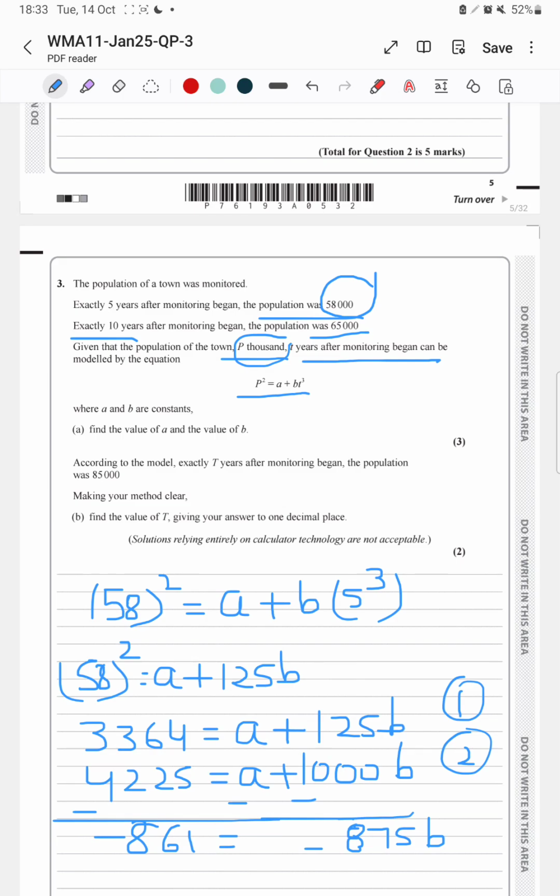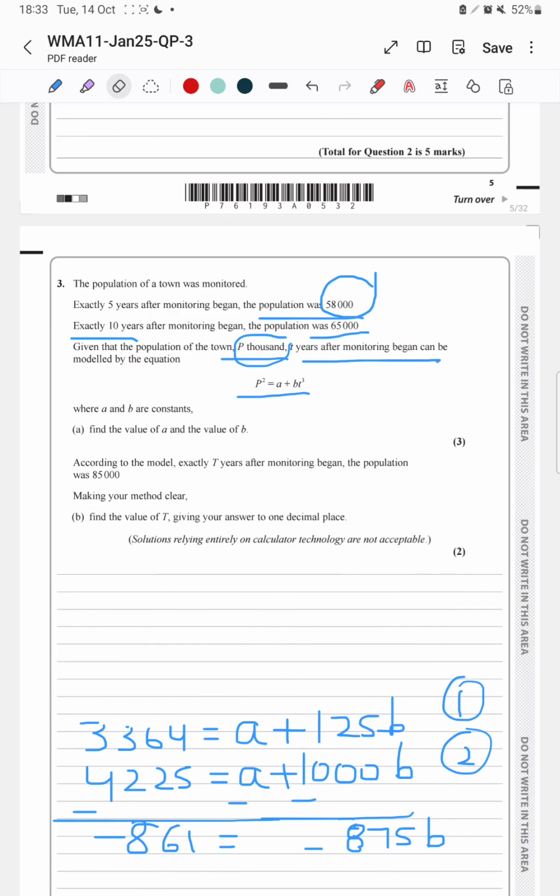So from here what I need to do, we have to find out what is A and what is B. So we need to subtract these two values, that I am going to do now. So we have B is equal to, because this is negative, they will cancel out, 861 over 875. So it is very clear that the value is going to be less than 1, because here we have 861, the numerator is smaller.